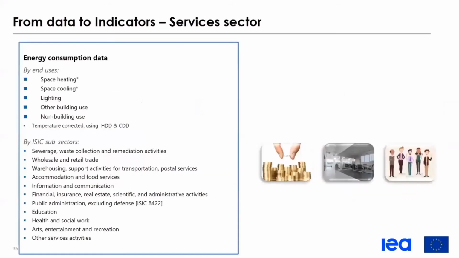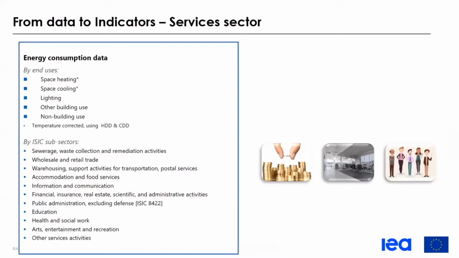Let's now have a look at what we can do in terms of data collection for the service sector. For energy, we can also collect data by end use. So, for example, space heating and cooling, lighting, other energy uses in service buildings, and also non-building energy use, for example, street lighting.